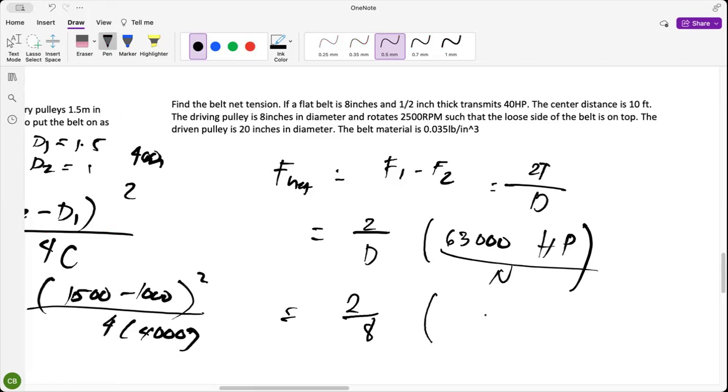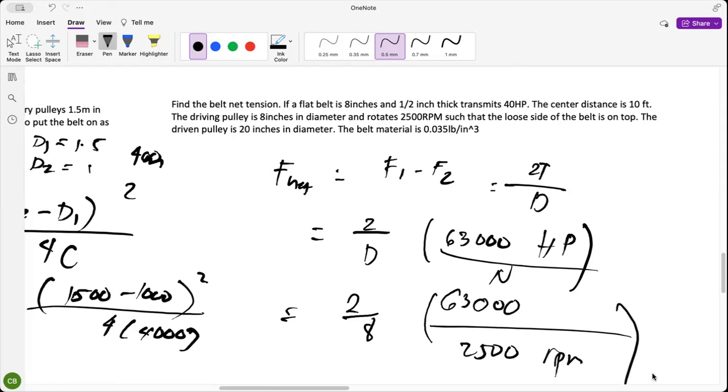Then we have 63, this is a conversion, no? All over N, which is 2,500. Then the HP is 40.